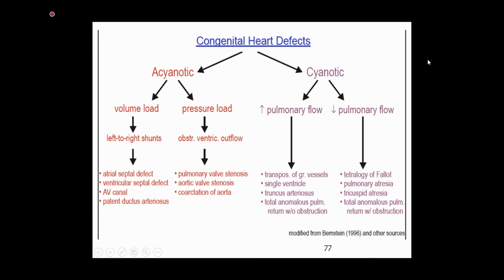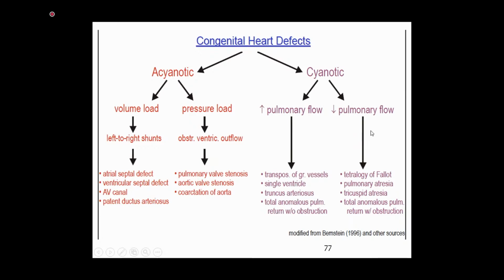And for those that have cyanosis, there could be increased blood flow to the lungs, but you have mixing of the blood or no saturation at all taking place. So that will be transposition of great vessels, single ventricle physiology, truncus arteriosus, TAPVR without obstruction.